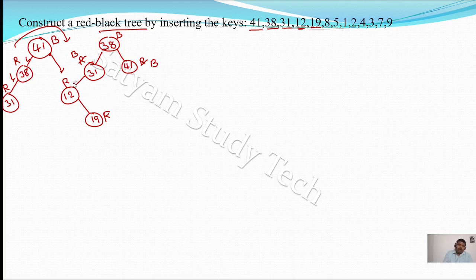Now what type of rotation do we perform here? 12 is the left child of 31, and 19 is the right child of 12. So it is an LR case. Whenever you see LR, we have to perform double rotations: first a left rotation, and then a right rotation.